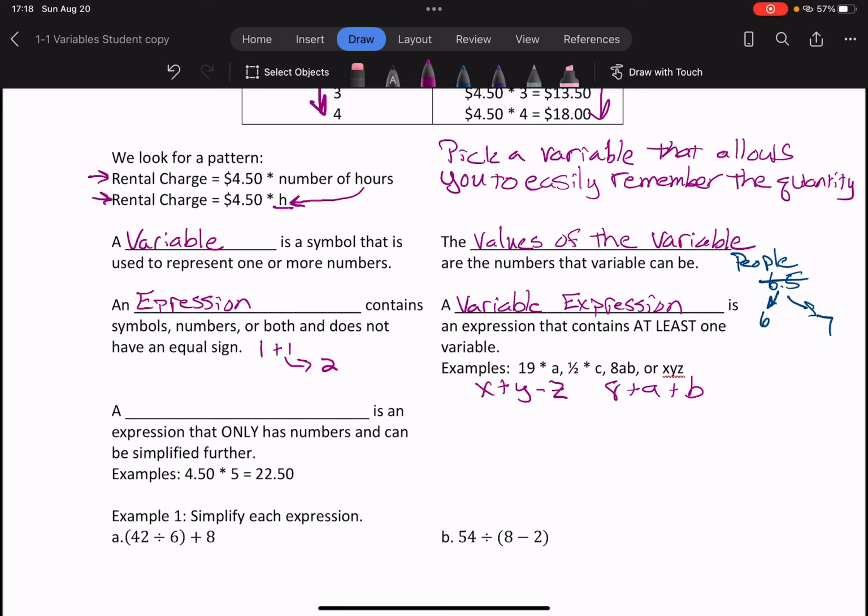You notice that they have at least one variable. Some of these have 2, some have 3 or more, but as long as it has a variable, it's a variable expression.